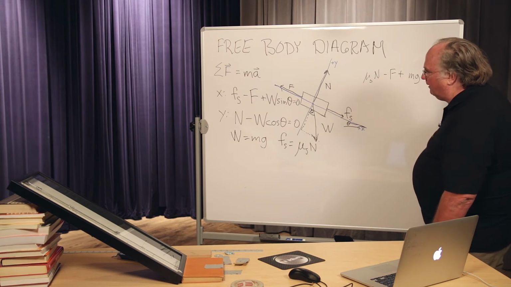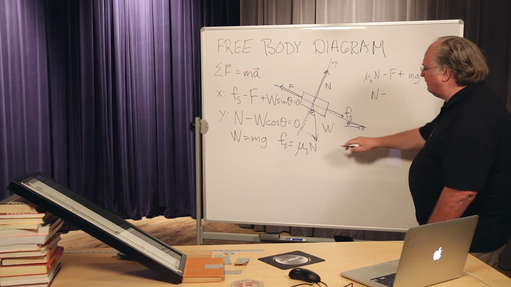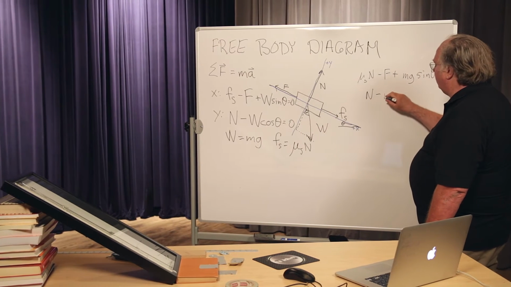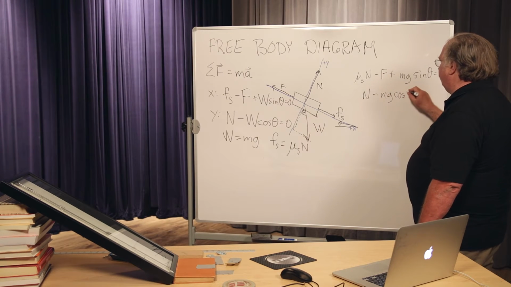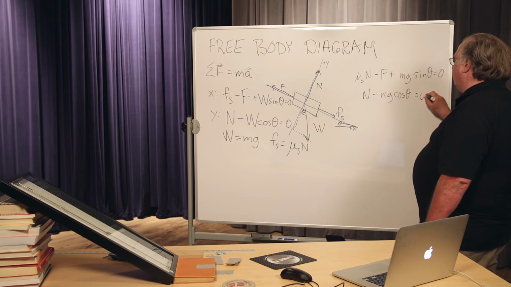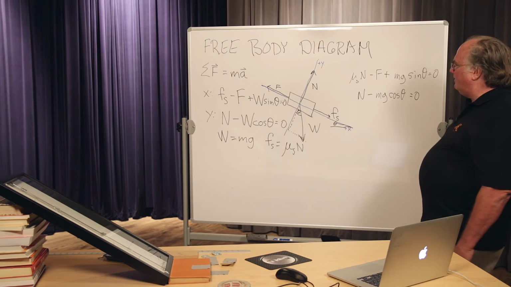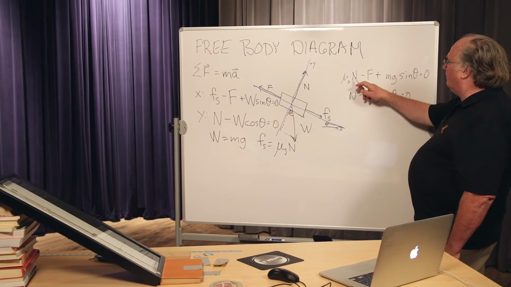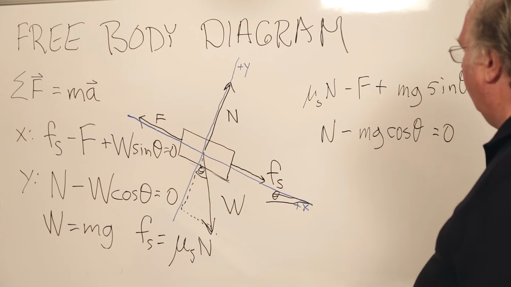And then in the y equation, I have n minus, substituting mg for W, mg cos theta equals 0. Now I've gotten rid of W and Fs. I'm down to two things I don't know, n and mu s.